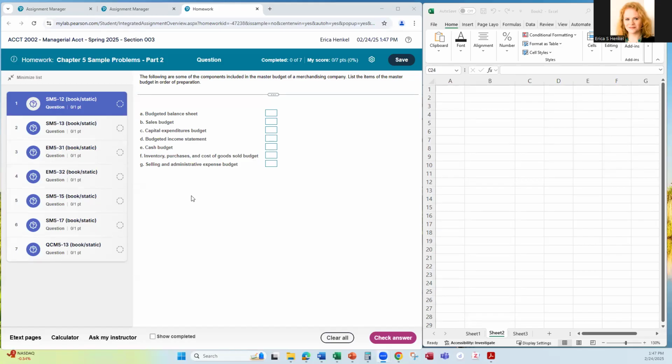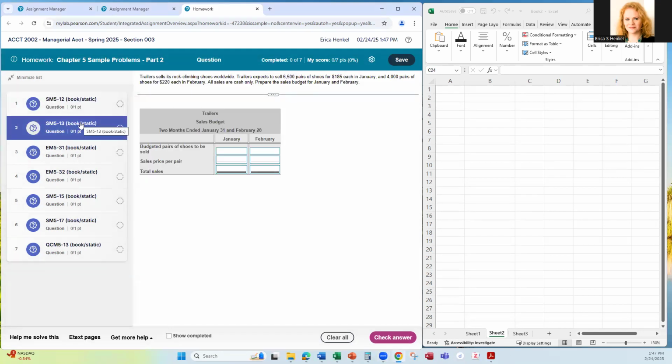Okay, so problem 1, by the way, is just a review of what is the order that you're going to be doing your sample problems in. So I'm going to skip that and I'm going to move on to the next problem here. And actually, I skipped the sales budget one in the problems too, so you can skip that one.